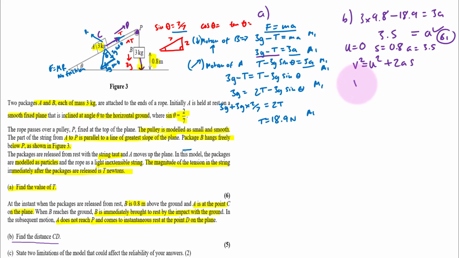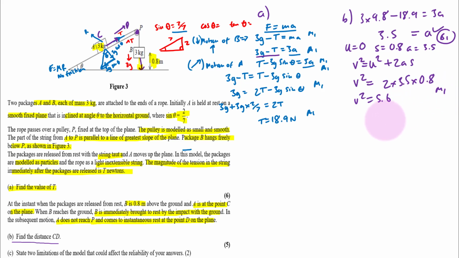So we substitute that in because we're relating to speed, so v squared equals, and then u is 0, so we're just going to get 2 times 3.5 times 0.8, which is going to give us v squared equals 5.6. That gets us another method mark.